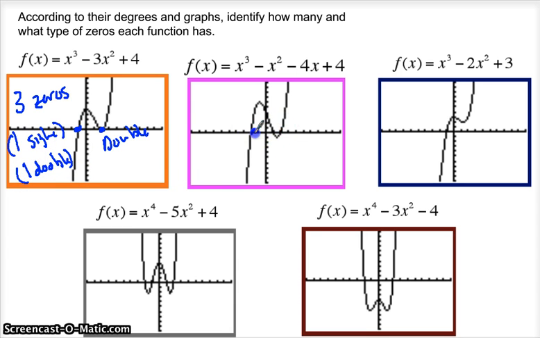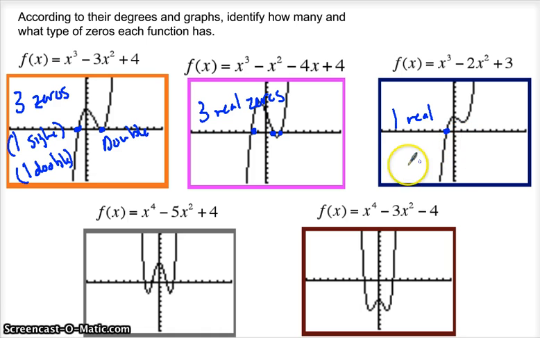Over here, I do see all three places where it's just straight crossing that x-axis. So again, we got three real zeros on that one. But over here at the right, you'll notice that it started to curve down but never quite reached that axis. So I only see one real zero. And I don't see any doubles or triples, any bouncing or anywhere where it curves through the axis but crosses through.